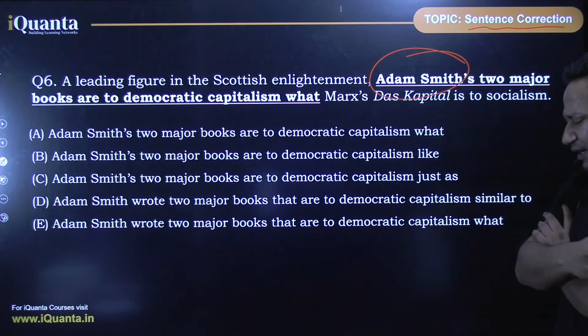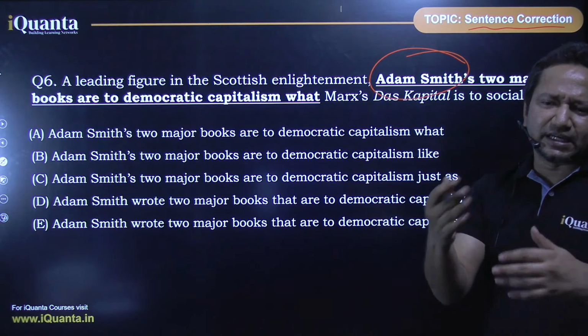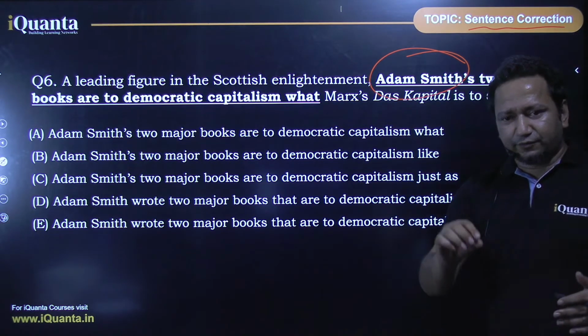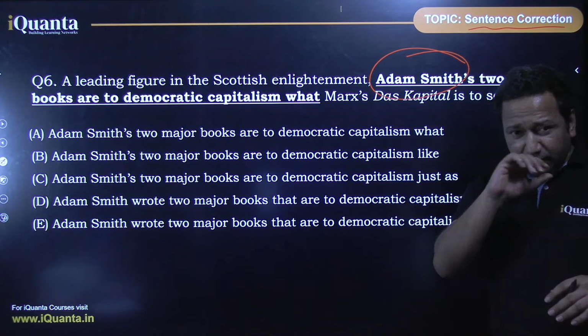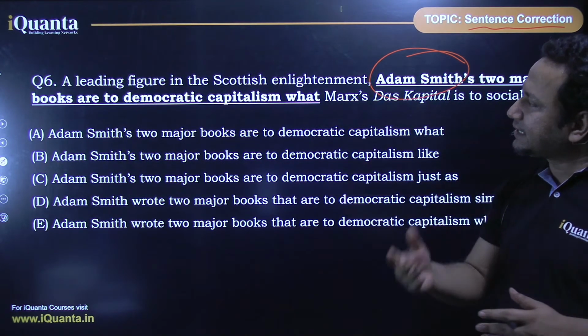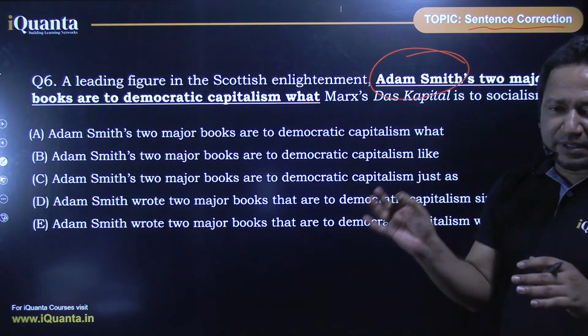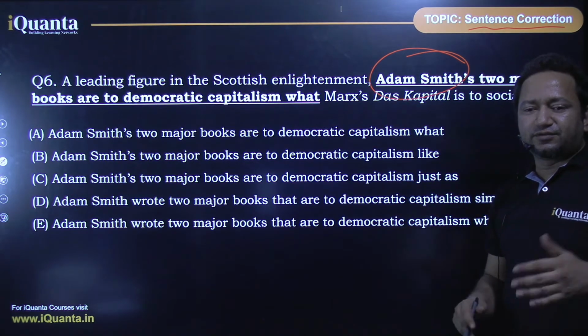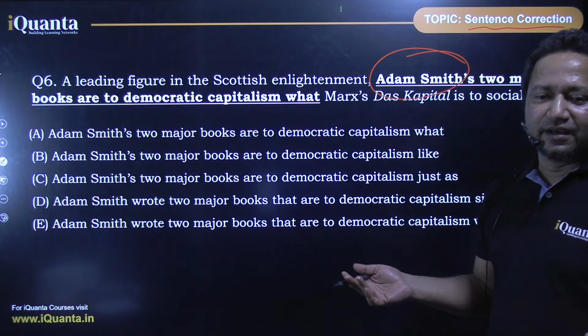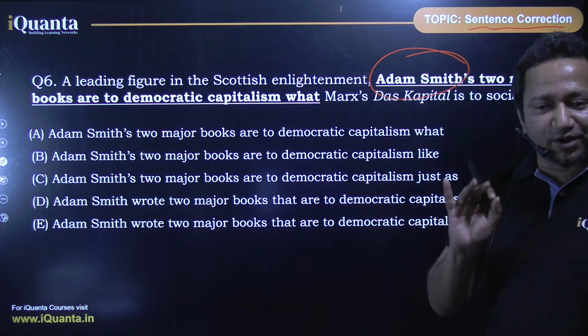You should know it. I'll be taking some sessions in which I'll be discussing some business and economics related GK. Yes, Saurav, father of modern economics, to be precise. Okay, so we'll do that. Akshay, of course, a Scottish economist, and he was the father of modern economics.